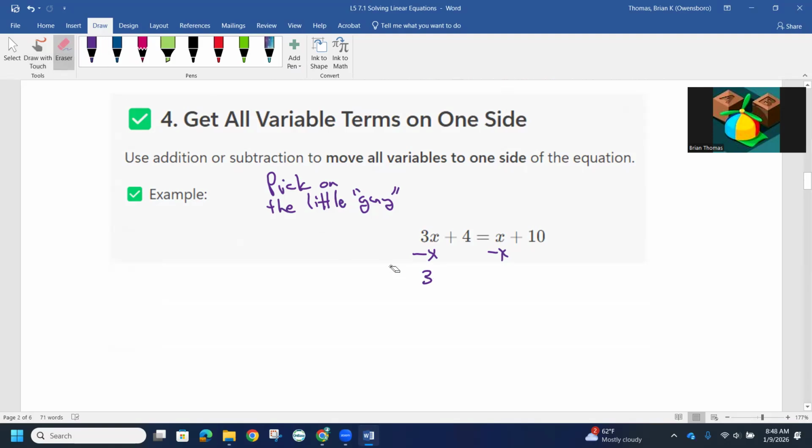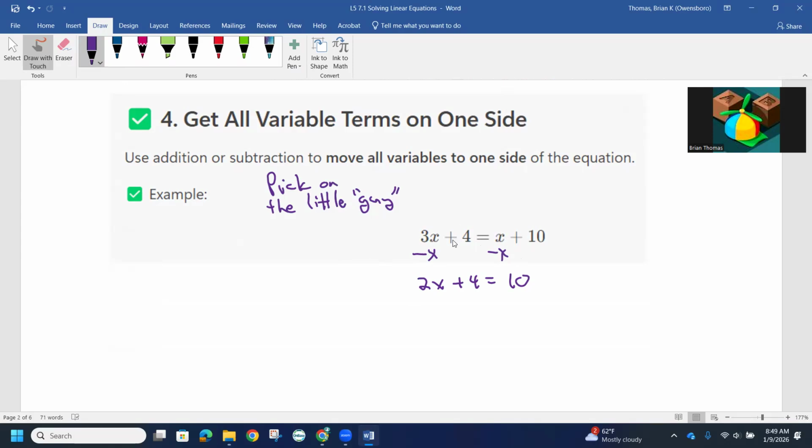3x take away an x would actually be 2x's. So this turns into 2x plus 4 is equal to 10. So that's another strategy: in solving our equations, if the variable is on both sides of the equation, we need to get the variable on one side. So usually I pick on the little guy.